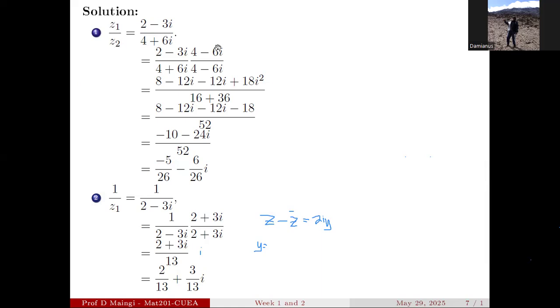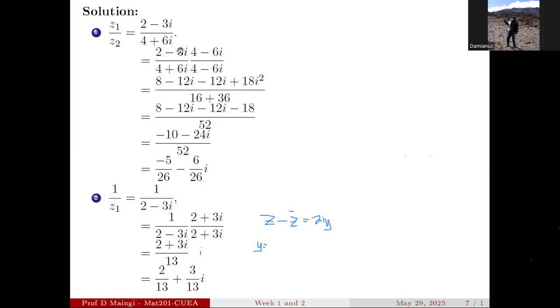Remember what we did earlier: you write it like that, and then you multiply by the complex conjugate of the denominator. The complex conjugate of 4 plus 6i is 4 minus 6i. So whatever you multiply with, you also divide by the same thing.